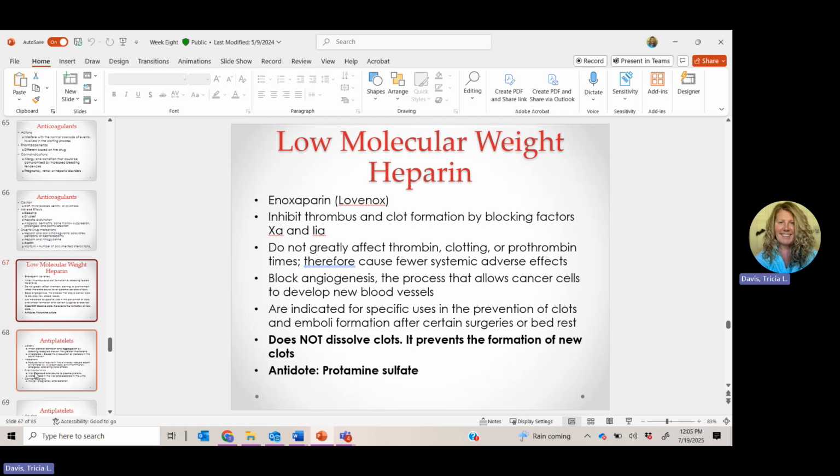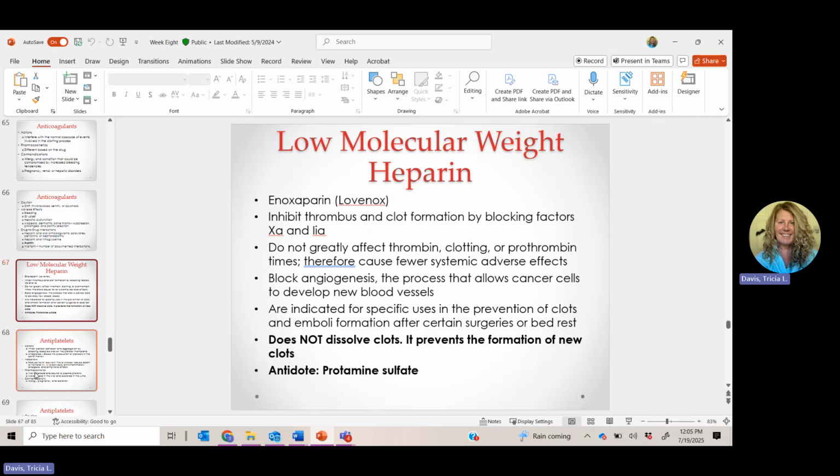It does not greatly affect thrombin, clotting, or prothrombin times. Therefore, this is a medication that we don't see a lot of systemic effects with. It blocks something called angiogenesis, which is a process that allows cancer cells to develop new blood vessels.